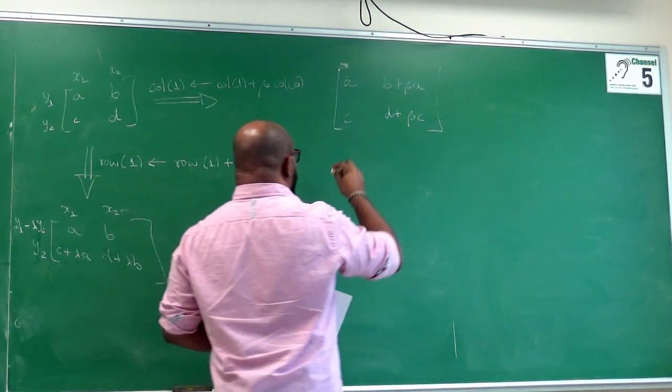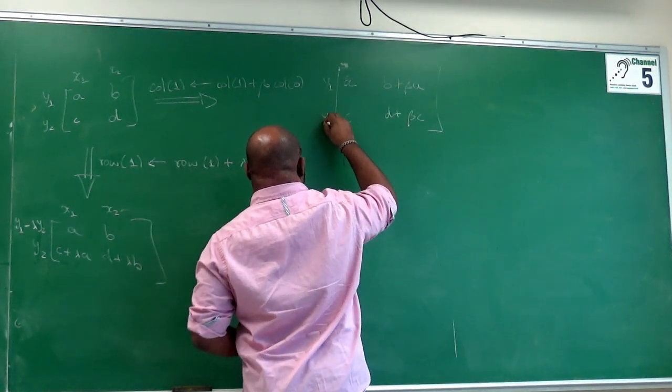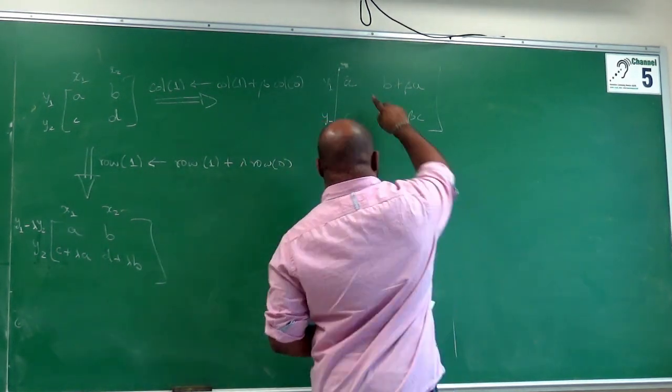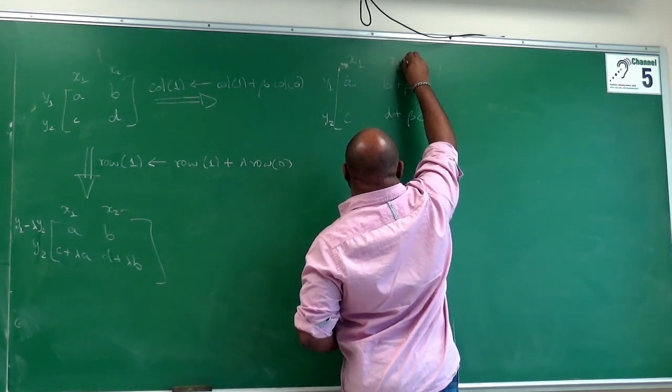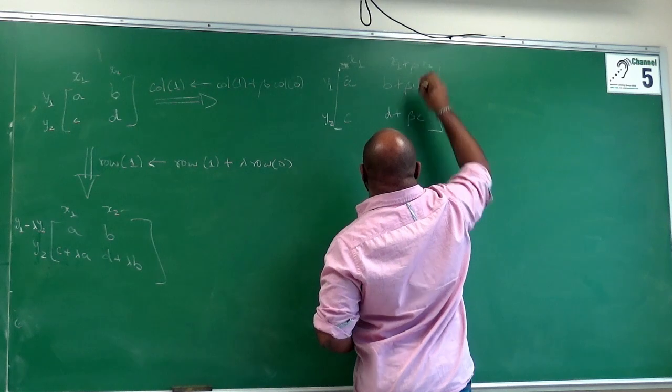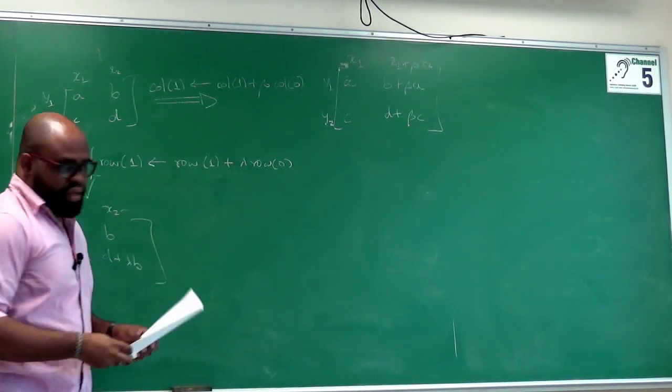So here you're going to have y1 and y2 again. And it turns out that the basis is going to be x1 and then x2 plus beta x1. And let's see why that is the case.